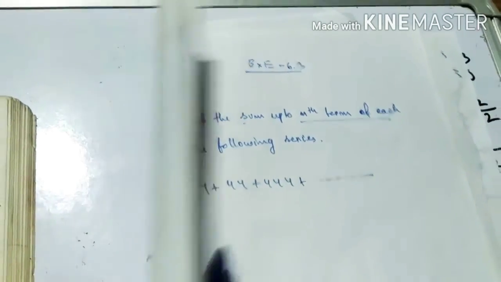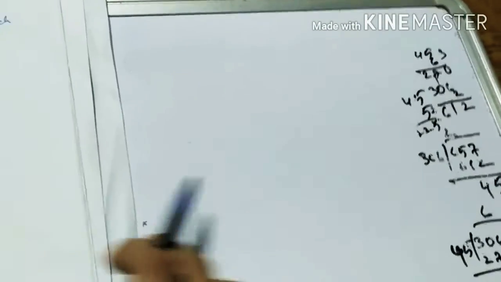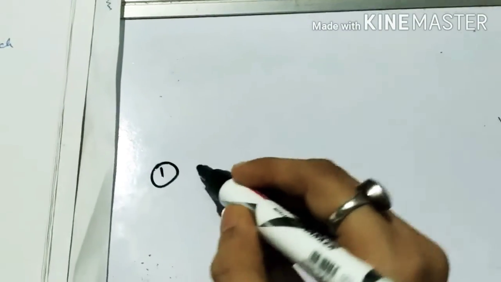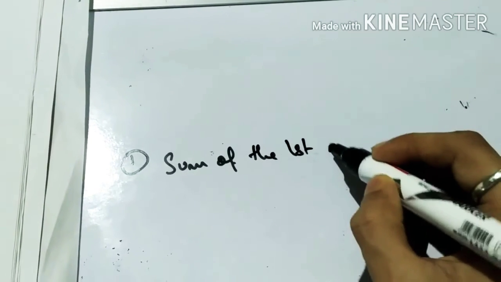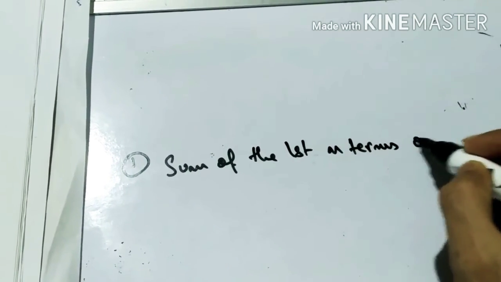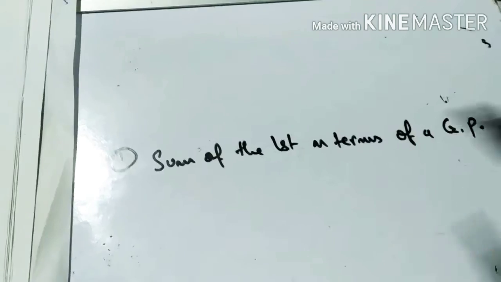So in here you see, before we start, first of all you will have to remember some formulas. The first formula is the sum of the first n terms of a GP.